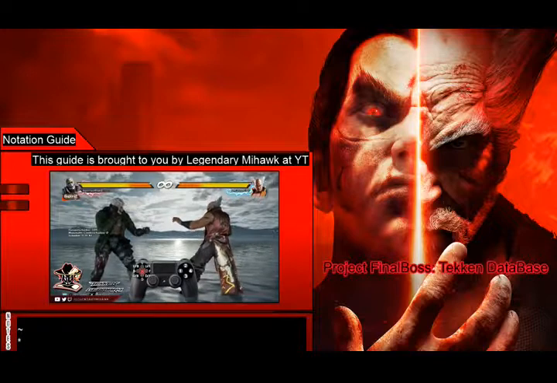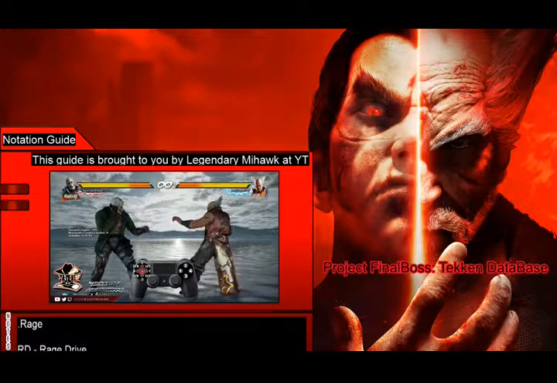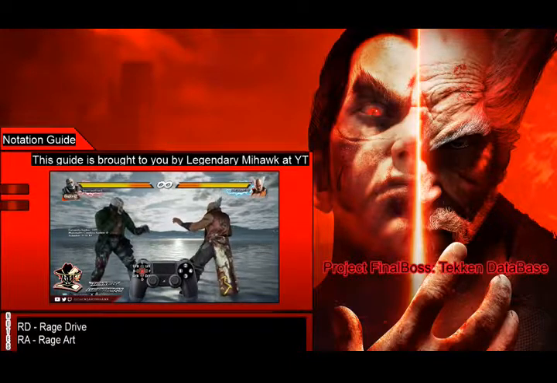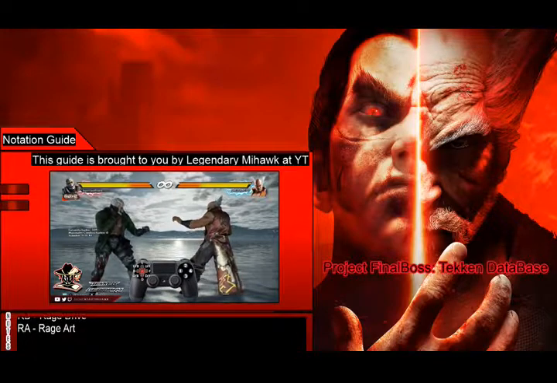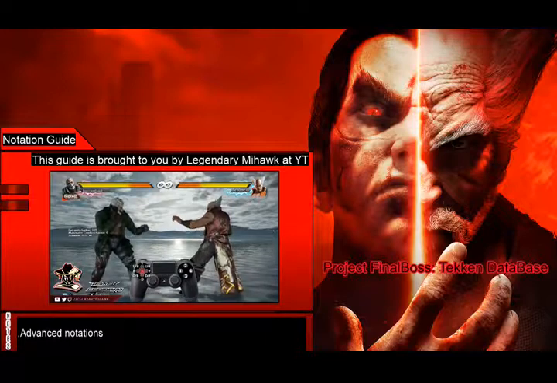Alright, so after I explained all the directions, I totally forgot to tell you what the numbers mean. If you take a look at the numbers, you will see 1, 2, 3, and 4. The 1 stands for square, the 2 stands for triangle, the 3 stands for X, and the 4 stands for circle.